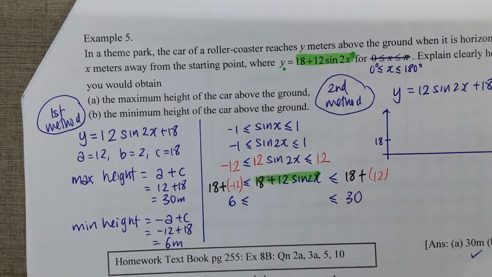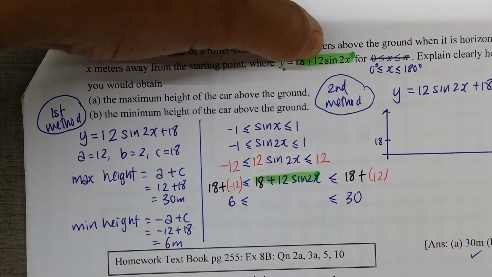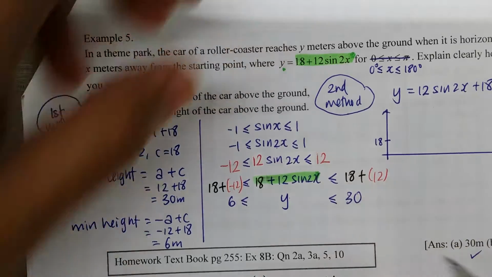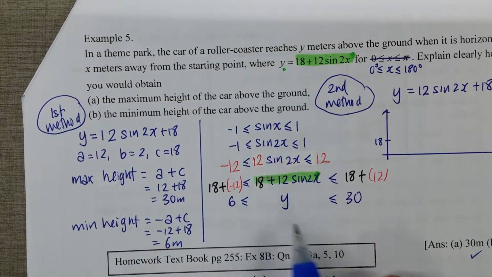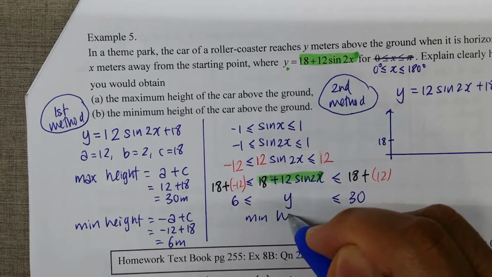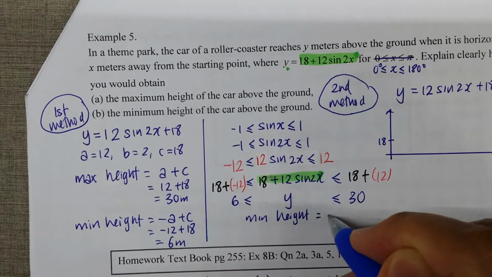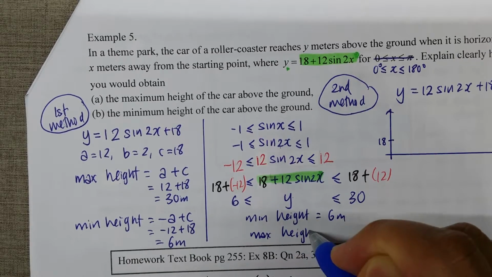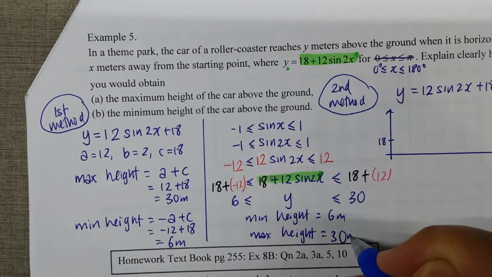So I replace 18 plus 12 sine 2x with y. Yeah, so y is between 6 and 30. The minimum height is 6 meters. Maximum height is 30 meters.